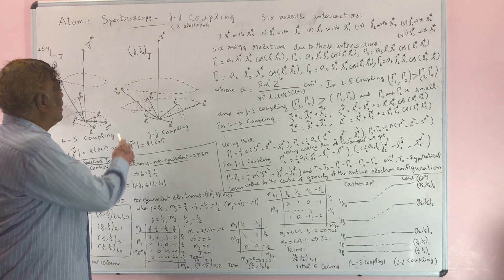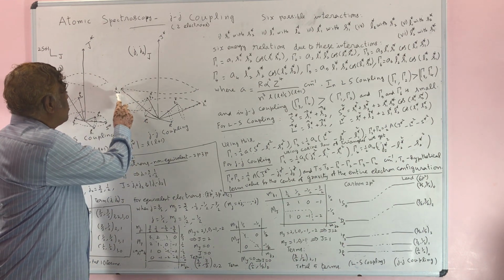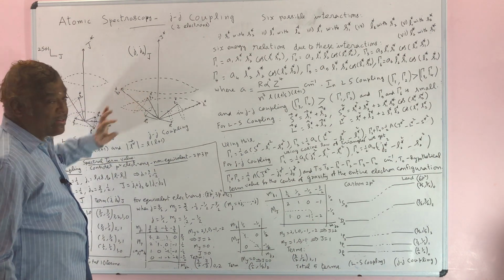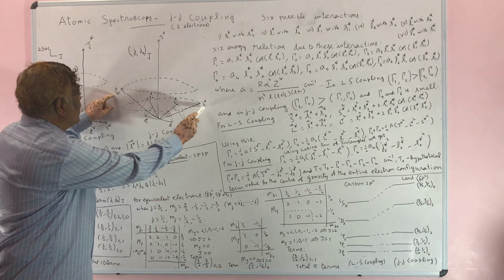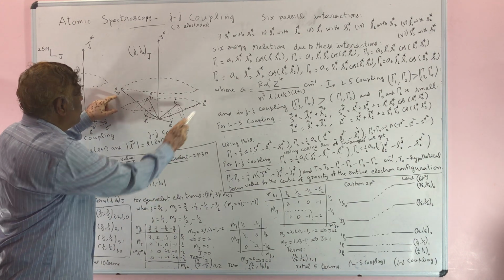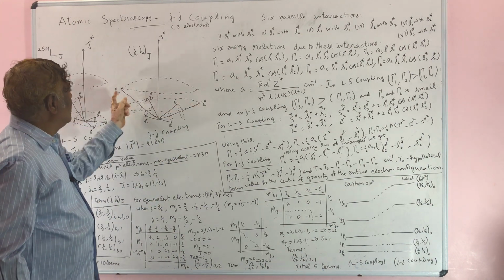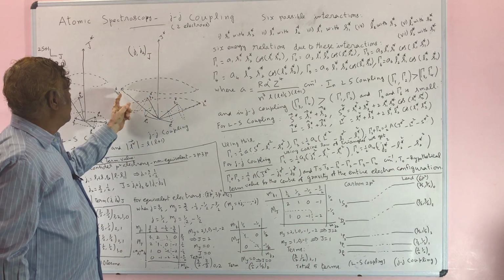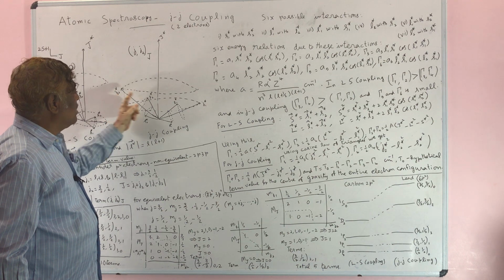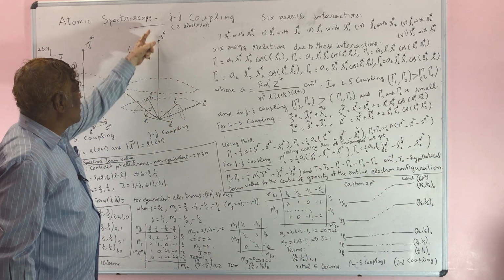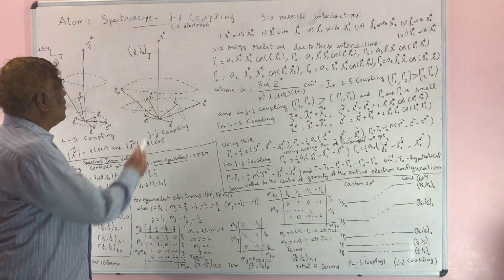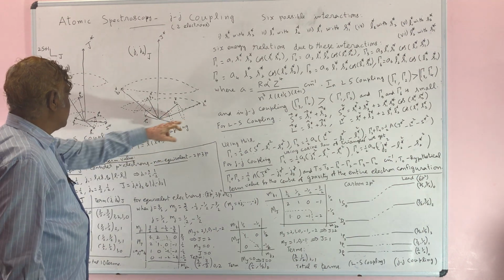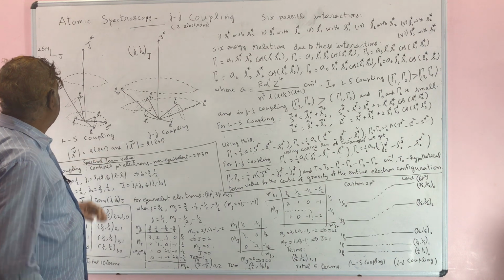Now J1 and J2 couple to give the resultant J star. So J1 star and J2 star precess about the resultant J star. This is the JJ coupling scheme, and the earlier one is the LS coupling.